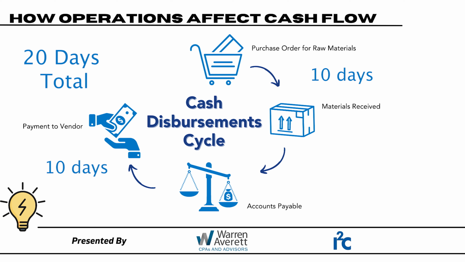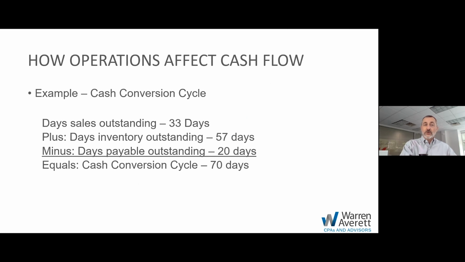So now we've gone through 57 days of working through the purchase cycle, 33 days on the sales and collections cycle, and 20 days on the payable cycle for the cash to go out the door. Let's talk about what this means in terms of cash conversion. We have days sales outstanding of 33 days, that was the second cycle we went through, plus the days of the inventory cycle, that's 57 days.